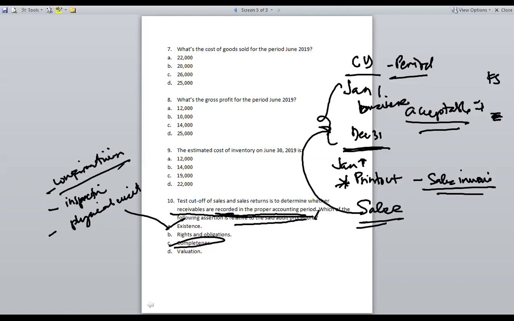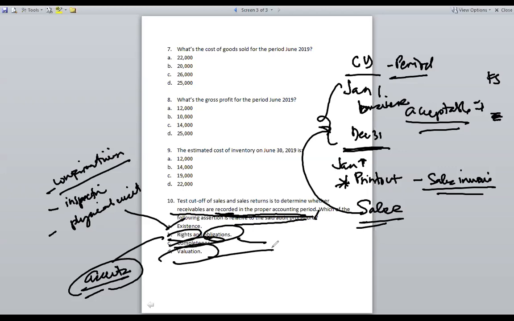Okay? Rights and obligation, the company has the rights over its assets. Meron bang karapatan ang company for that assets to claim that asset nga niya ba talaga yan? When you say obligations naman as part of assertion is that yung company, obligation ba niya talagang bayaran yan? Or baka hindi naman, baka bogus lang. Okay? Valuation, of course, is the proper presentation, the proper value of each assets.